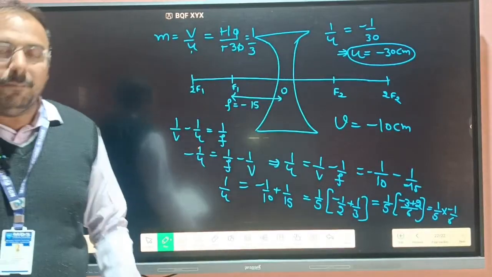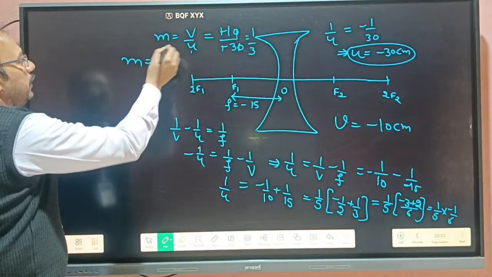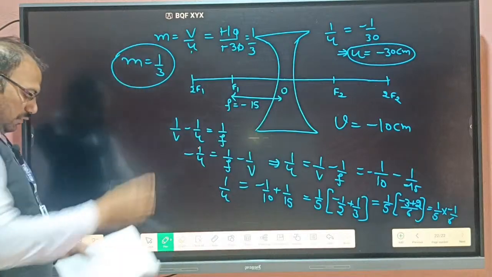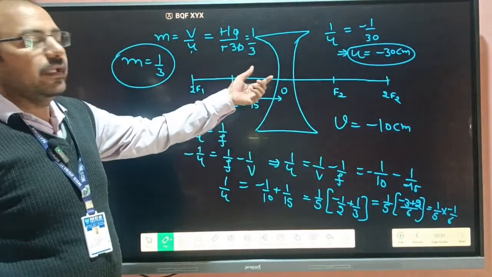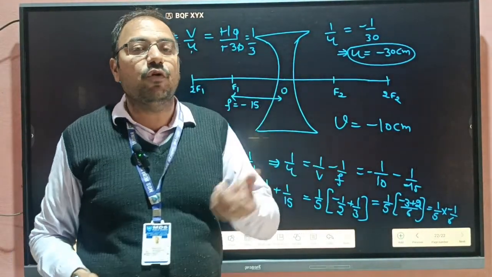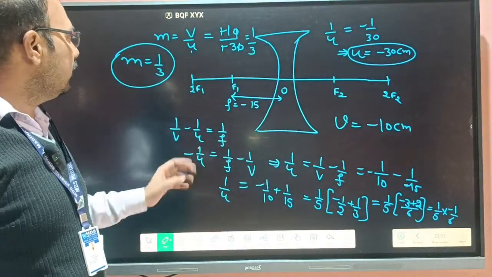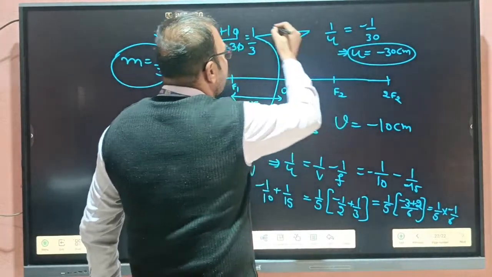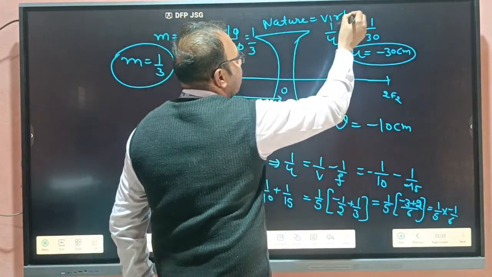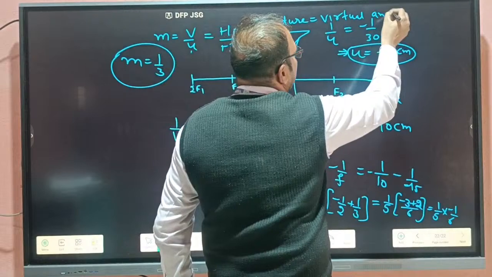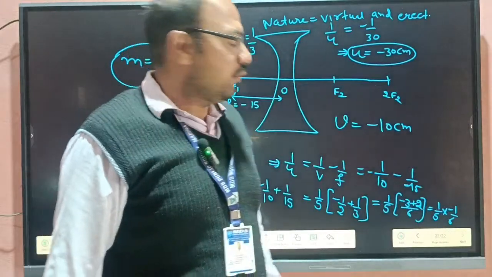So M is equal to 1 by 3, and the sign is positive. In a concave lens, the image formed is always virtual and erect. So here the nature of the image is virtual and erect. Okay, thank you very much.